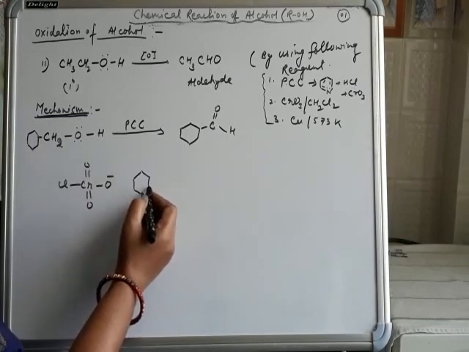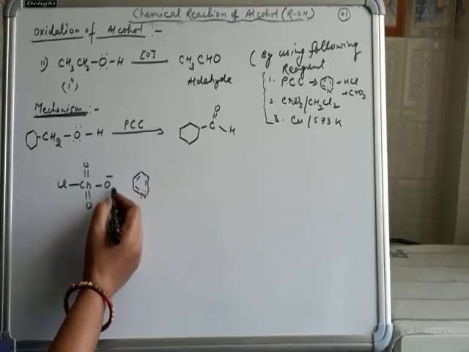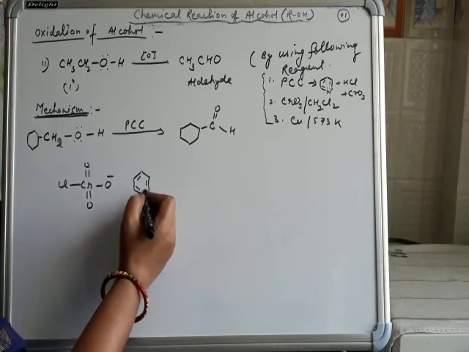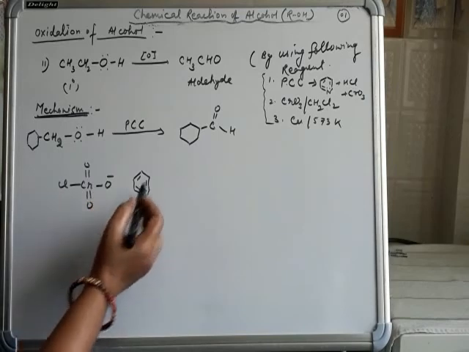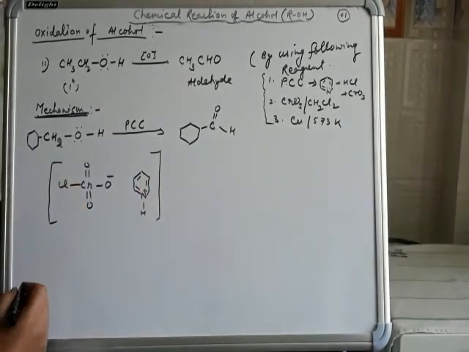The lone pair present on the nitrogen takes this oxygen and acquires a positive charge, and here oxygen acquires a negative charge. This is the structure of PCC.